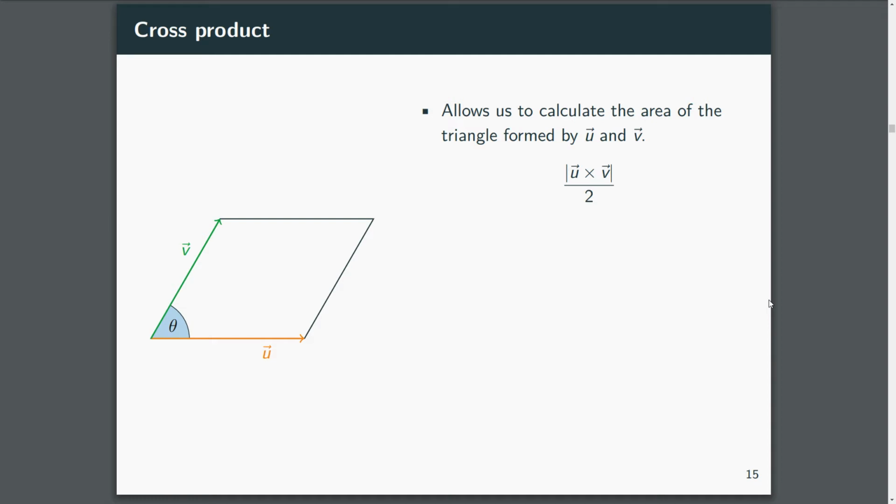And this allows us to calculate the area of the triangle which is formed by these vectors. So consider the vectors u and v in the picture here. They form a triangle like so. The area is going to be the cross product divided by 2.